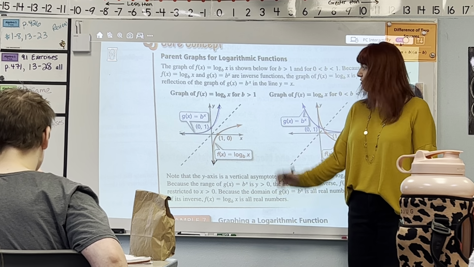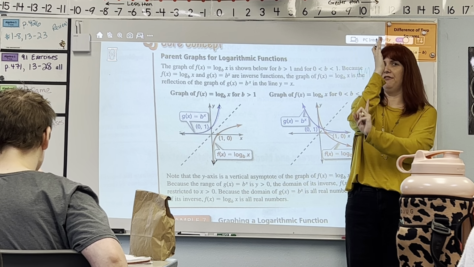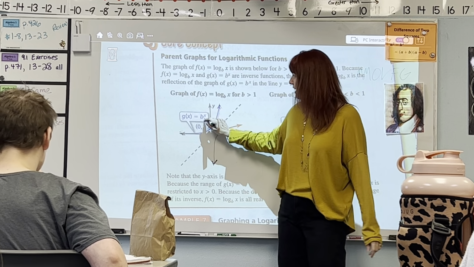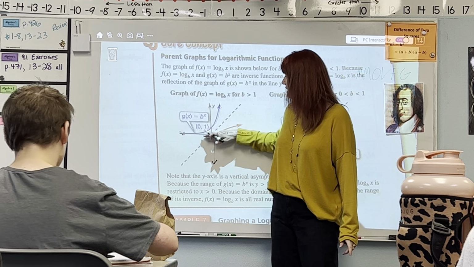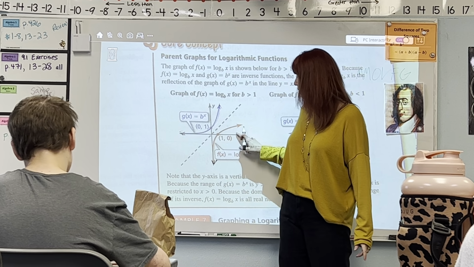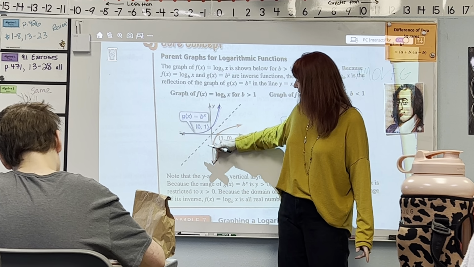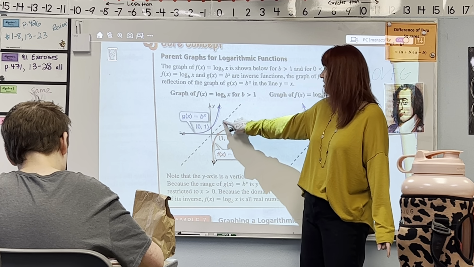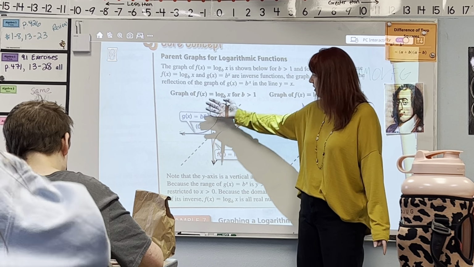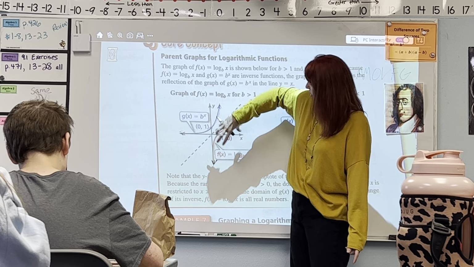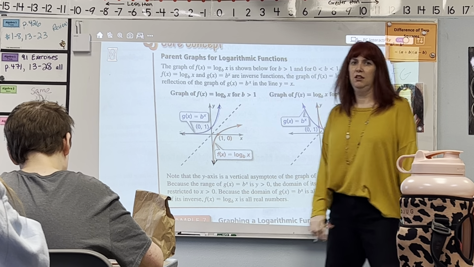It's the y-axis that it never crosses. And they are inverses of each other. Remember we looked at inverse functions, that they are reflected across the diagonal line. If you were to flip this over, you'd get the log graph.